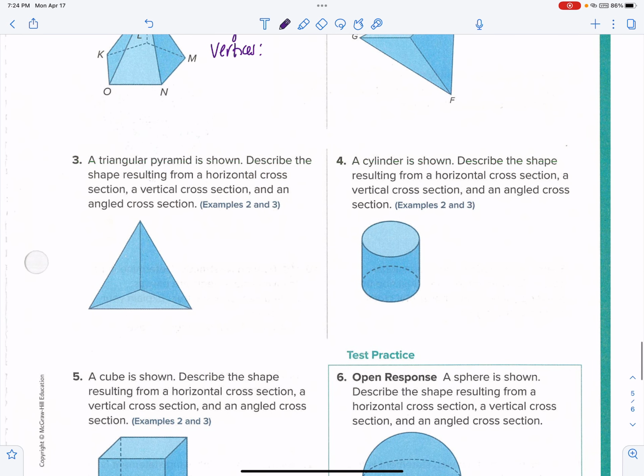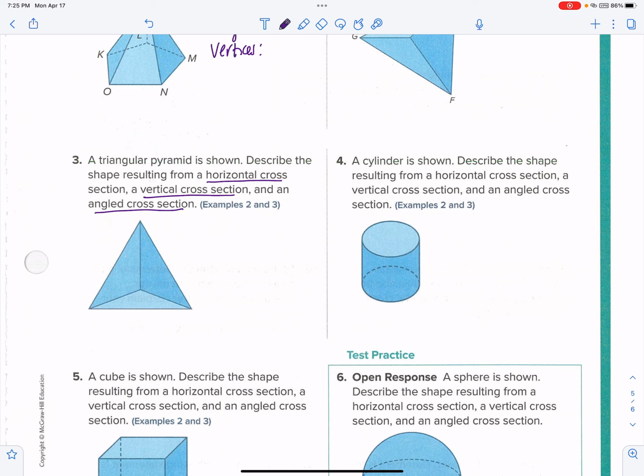This one, they want you to say what shape would result from a horizontal cross-section, a vertical cross-section, and an angled. So you're going to have to imagine this getting cut horizontally. But the drawing's not there this time, so you have to think through what shape that would make.